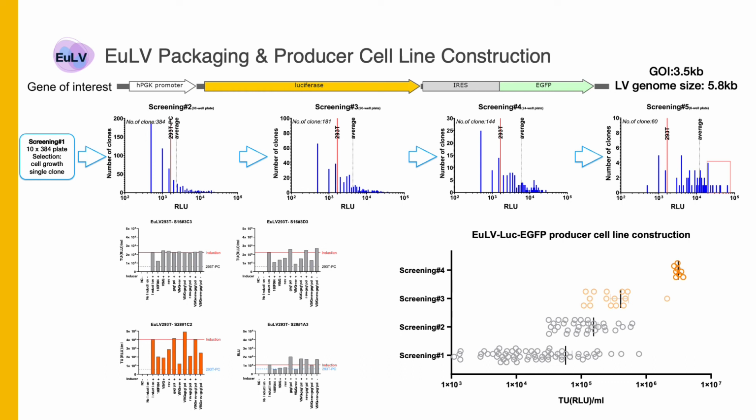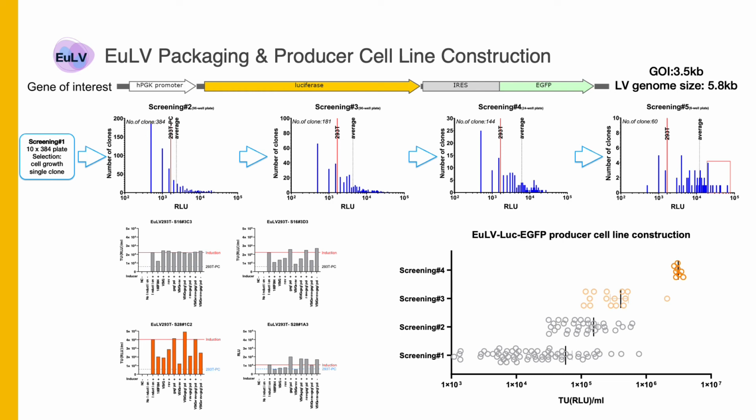And the dashed line was the average titer of all the clones in that screening step. So after 5 rounds of screening, the average transduction titer was 10 times higher than the positive control, the red line.